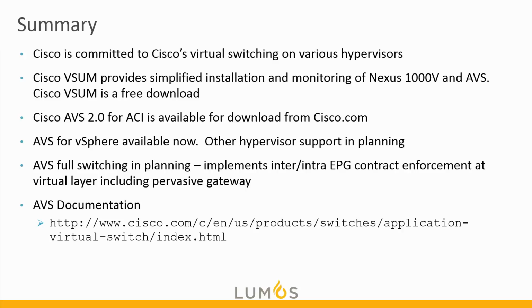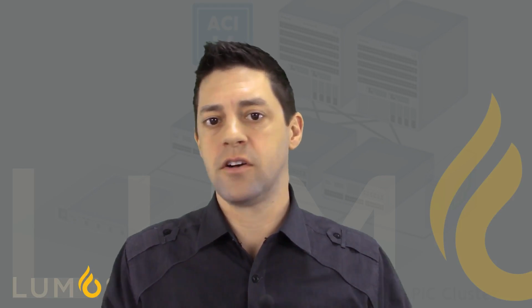And honestly, Cisco's never asked anyone to support their product, right? So Cisco created the AVS product and they fully stand behind it. Don't let that FUD, that fear, uncertainty, and doubt concern you in any way.